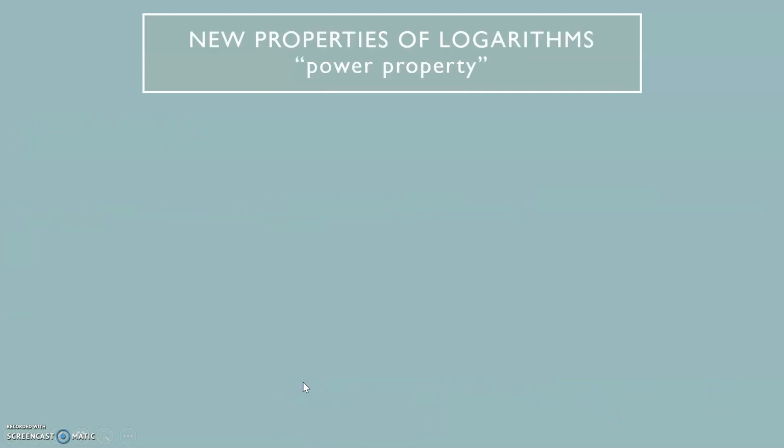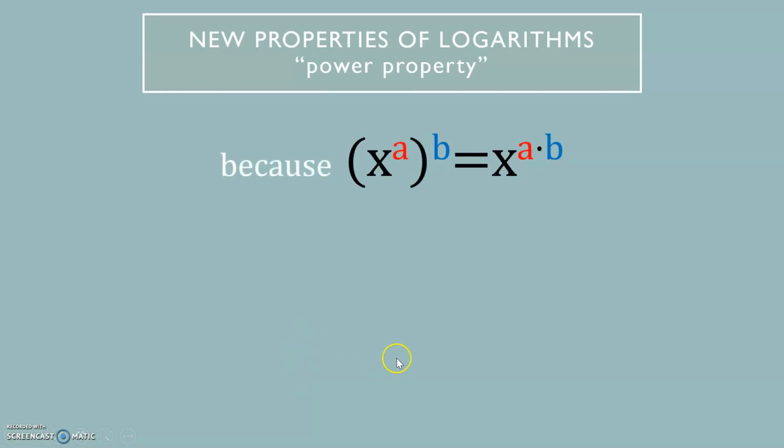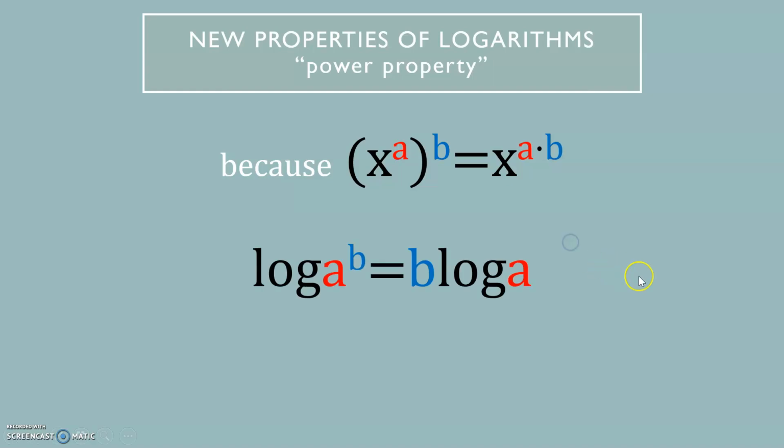Our last property is called the power property. Because we have this property where we multiply exponents. Remember that a logarithmic expression is also an exponent.